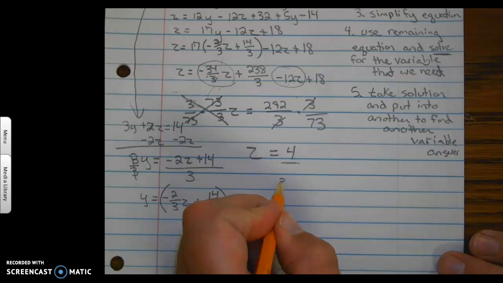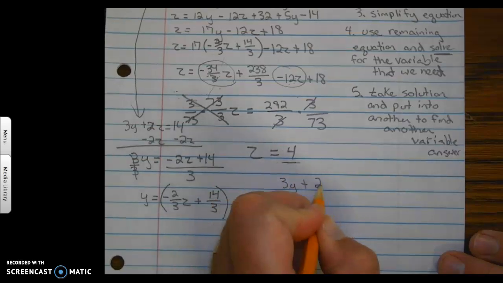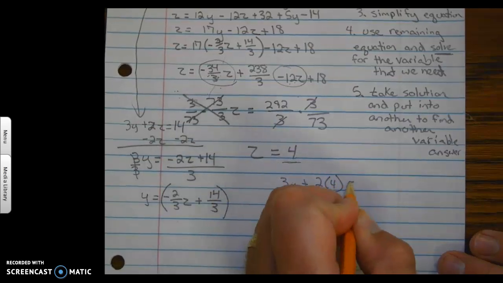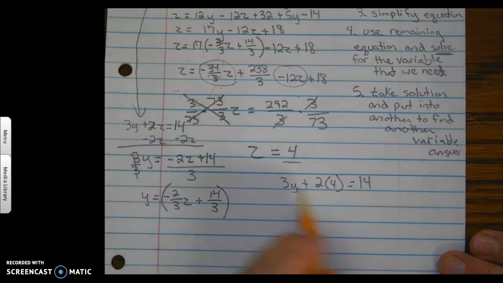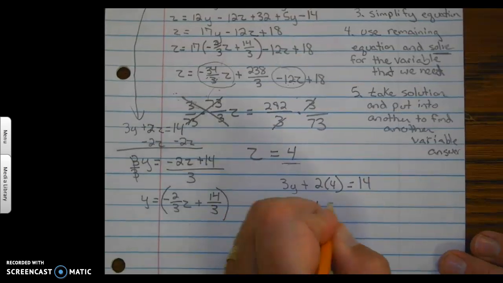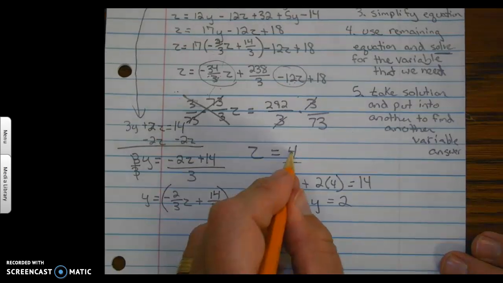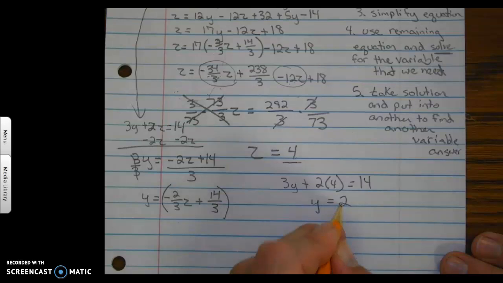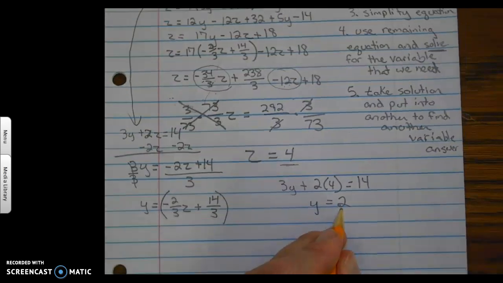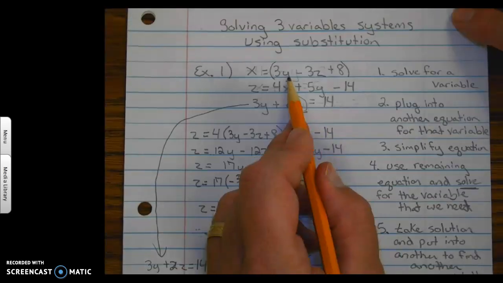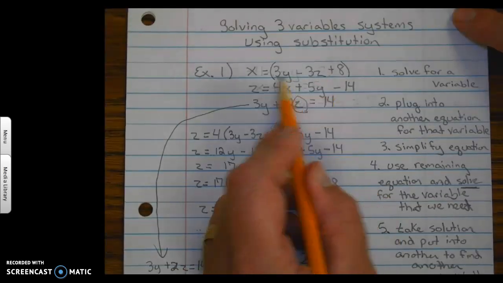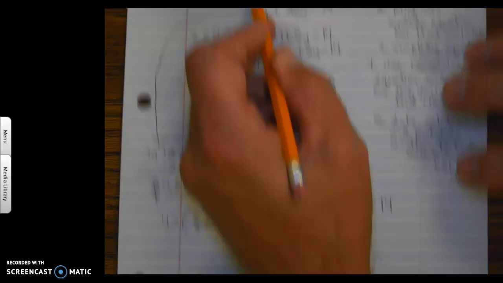So we will have 3y plus 2 times 4 equals 14. Solve this equation for y, and we get 2. Now that we have z and we have y, we're going to take both of those and we're going to plug it back into the first equation and solve for x.